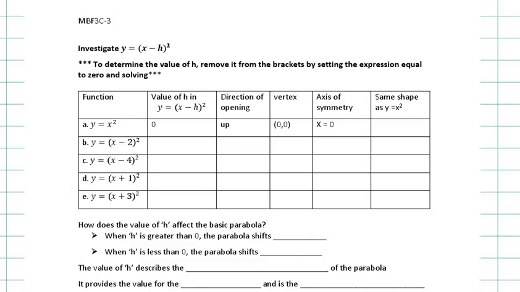Okay, so yesterday we looked at the transformation that comes from adding k to the quadratic. Remember, we looked at what happened when you add a k outside. Can you recap for me what happens when you add or subtract a number outside the x squared?